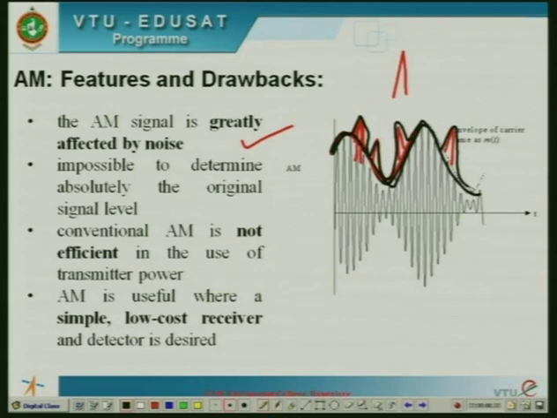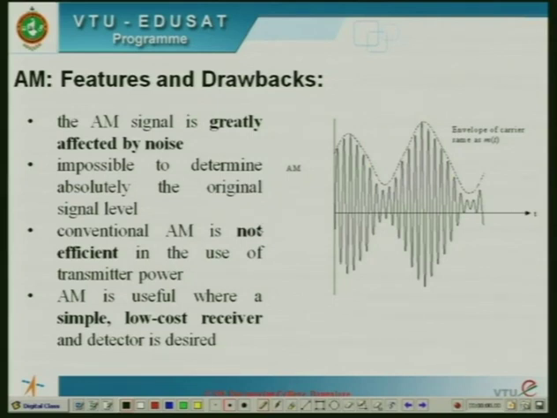So there are two signals available. The actual one is at the bottom, the top one is this. So from the demodulated data, we will not be able to really know which is the actual signal. It will be very difficult for us to understand which is the absolute signal which is going to be demodulated. That is the second demerit of your AM signal.